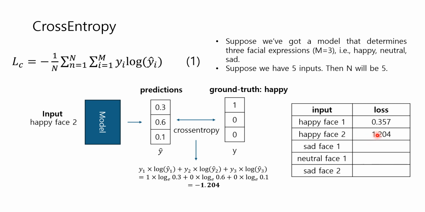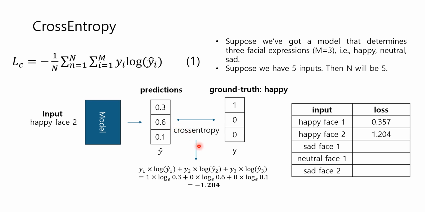Then this loss value is a lot higher compared to the earlier sample, because the model mispredicted, giving the probability of neutral the highest for the given happy face. The actual emotion for this image was happy, but the model predicted incorrectly. It predicted neutral.